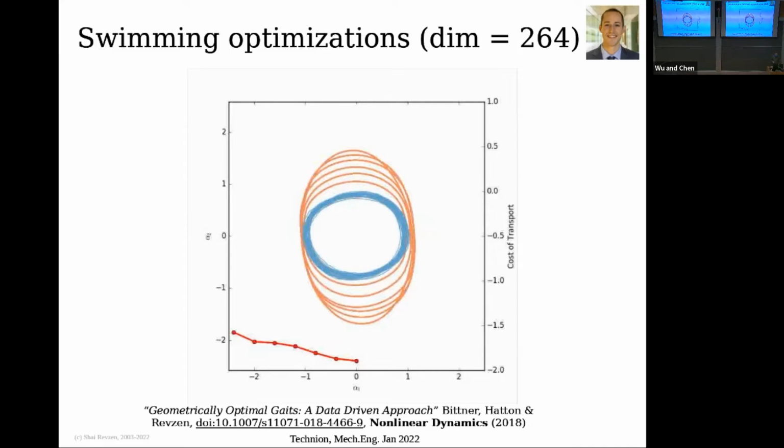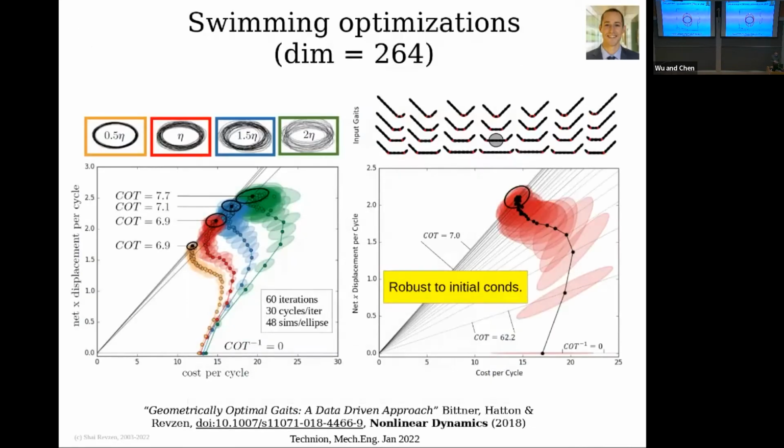And so if you think, well, sure, we did this once, maybe we cherry picked it. So we did it many times with different levels of noise. We initialize the system with different joints moving. We always end up with the same solution. So you see here 4 different batches of simulations with different levels of noise. They end up all with the same optimal cost of transport, which is what we're optimizing here for this swimming simulation.